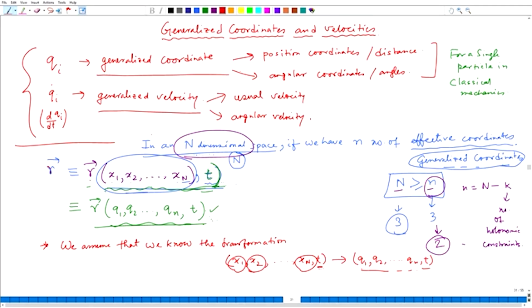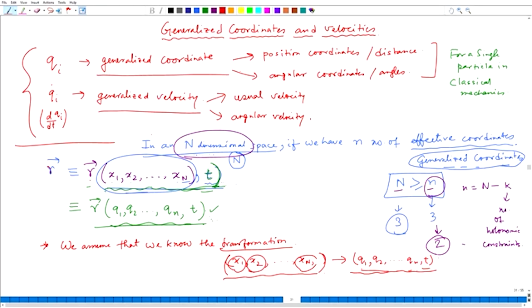But finally, for t this is not needed. So, for the sake of the transformation rule at least, I can forget t from here. I am just trying to represent all the Cartesian components in terms of all the generalized coordinates and t.